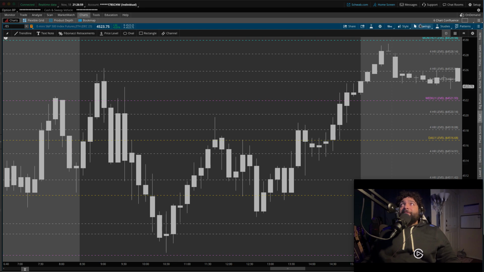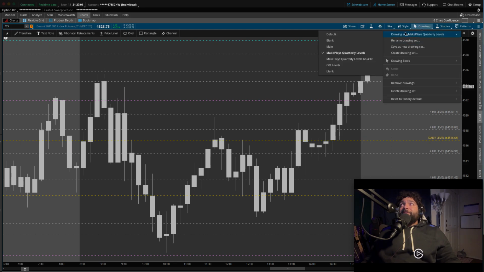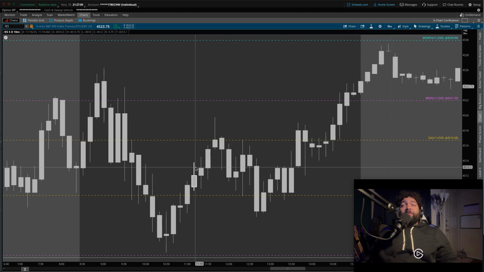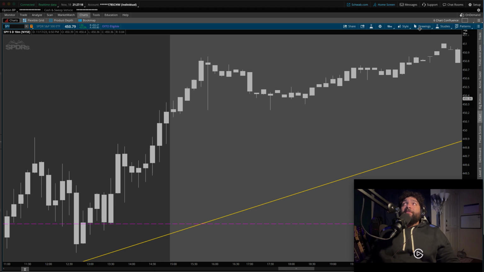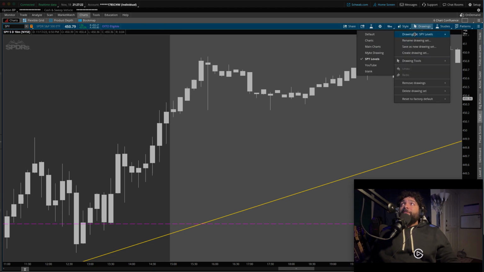So for ES, I backed it up and I took away the 4-hour. When I switched to SPY, I didn't even do the daily. I don't even think I have the monthly on SPY, which I might need to go back and do.